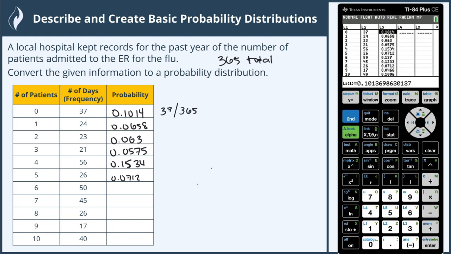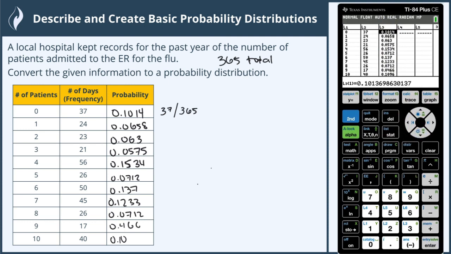And then just input it if you need all of them, only if you need all of them. 0.1233, 0.0712, and then 0.466, and then 0.1096.